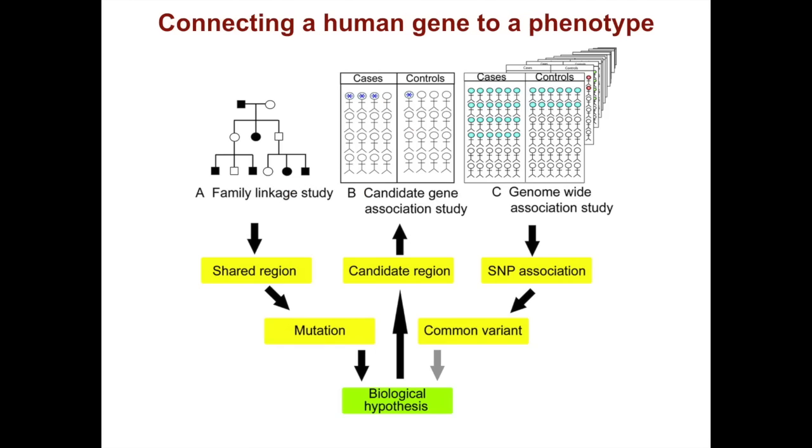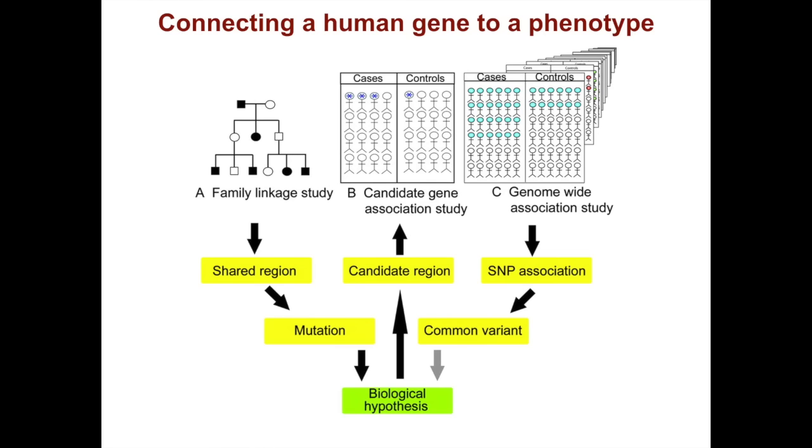So connecting a human gene to a phenotype involves a number of techniques. You can do family linkage studies and determine how this particular illness is inherited, and you can potentially look for a mutation. You can do genome-wide association studies, find SNPs that associate with the phenotype, and look for a common variant among people who are affected.